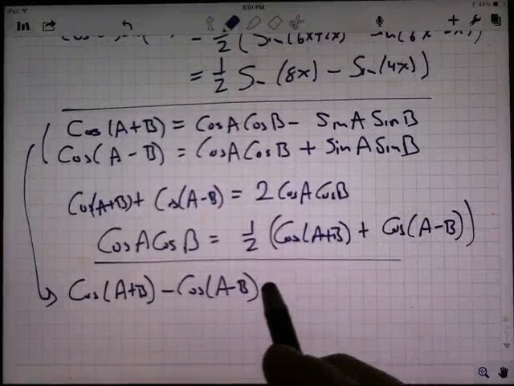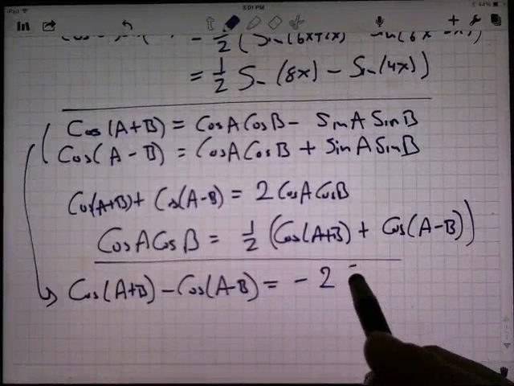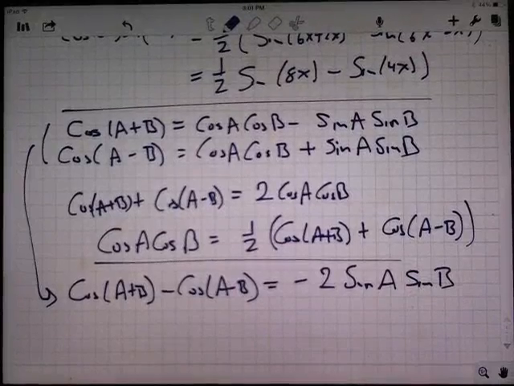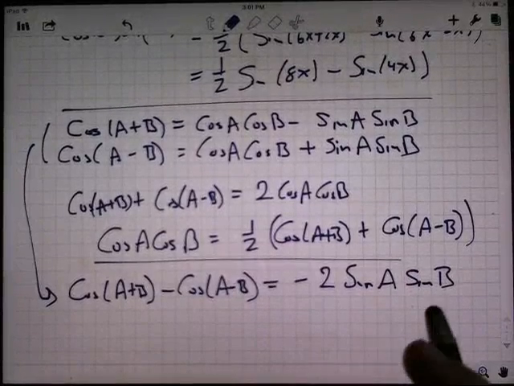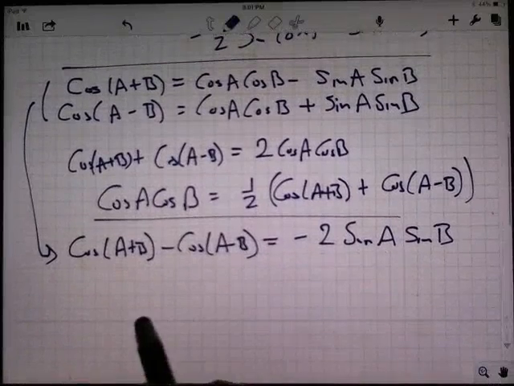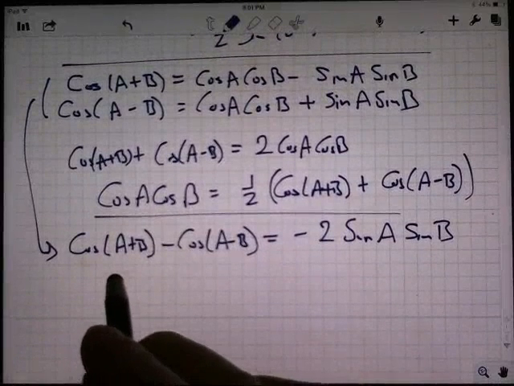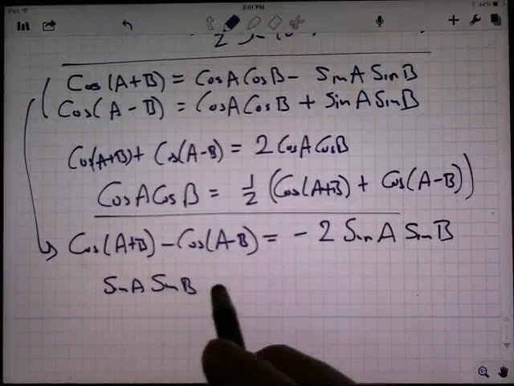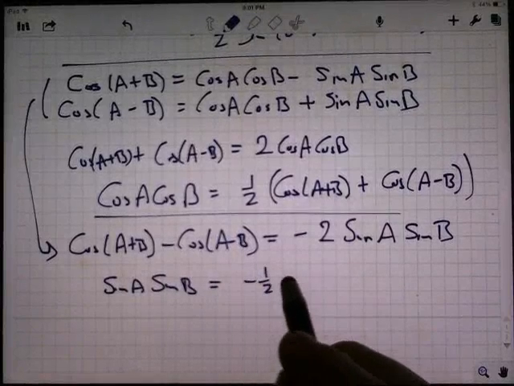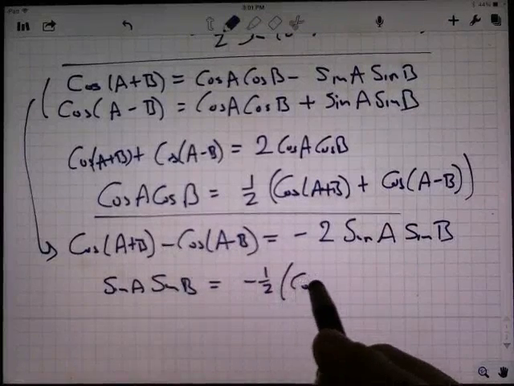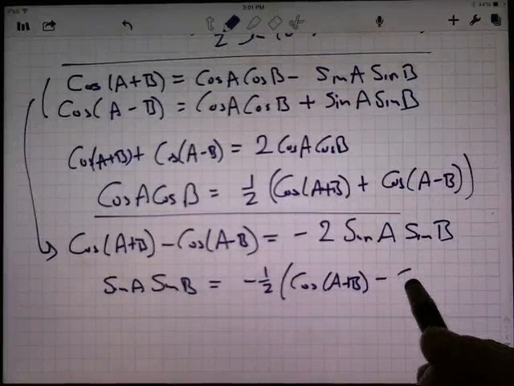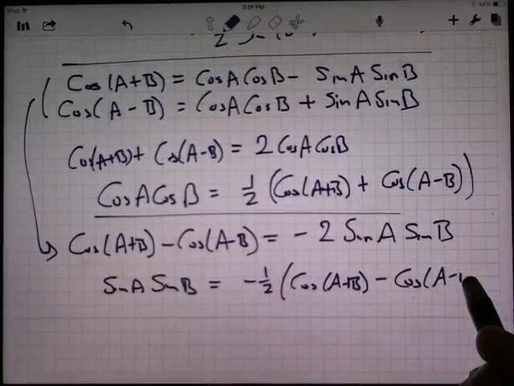So actually, I think I end up with negative 2 times the sine of A and the sine of B here. Right? And then when I divide by negative 2 this time, I'm going to have the sine of A times the sine of B equals negative 1/2 times this difference, cosine A plus B minus the cosine of A minus B.